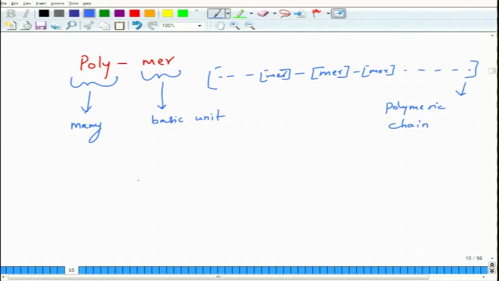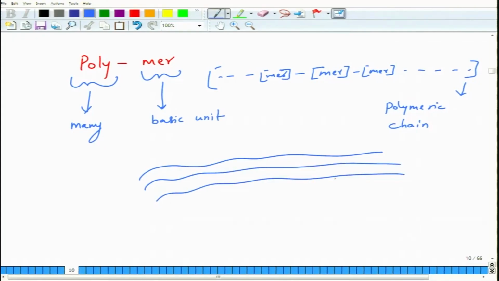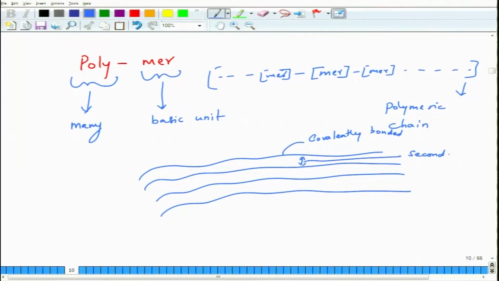But if you have many such chains, one chain, second chain, third chain, the chains are covalently bonded within, but between chains you have secondary bonding.